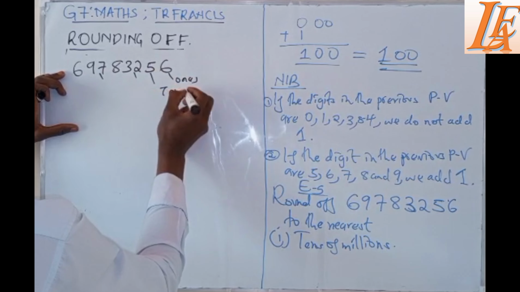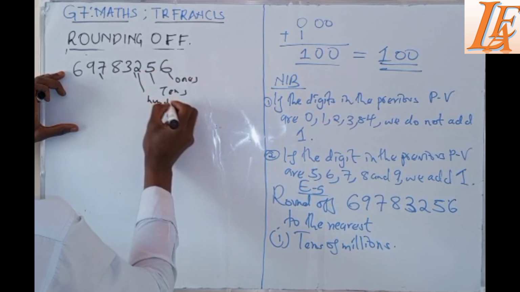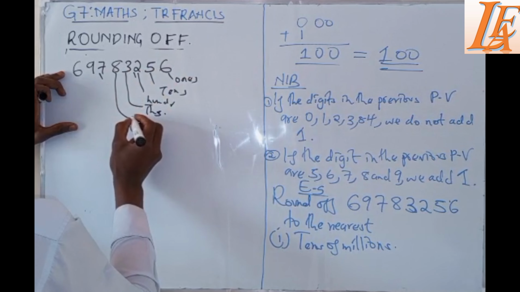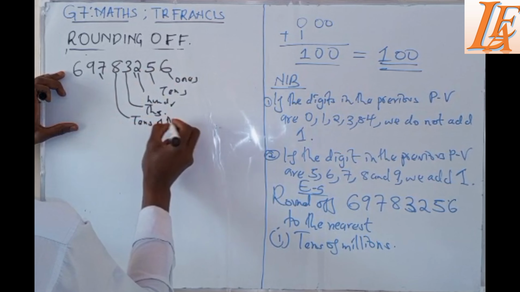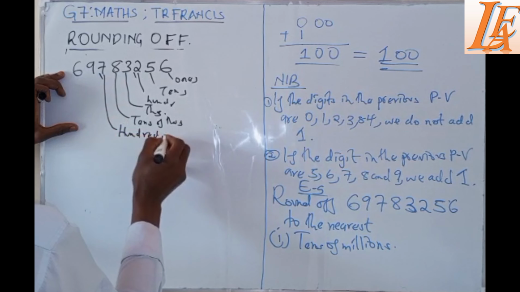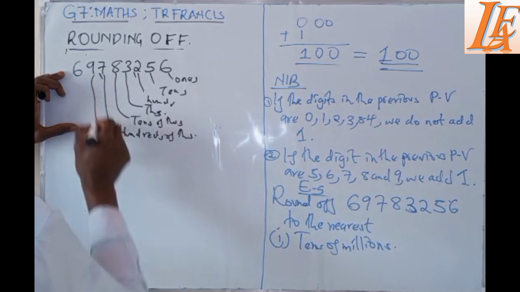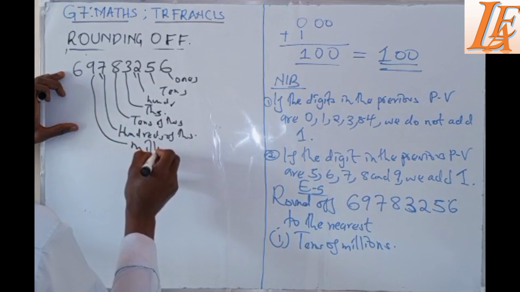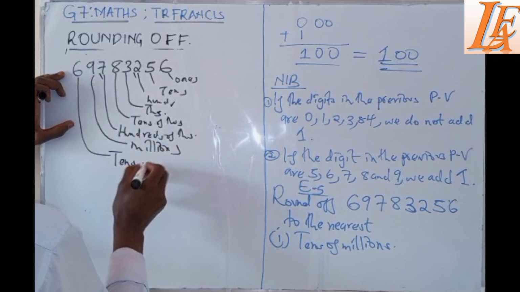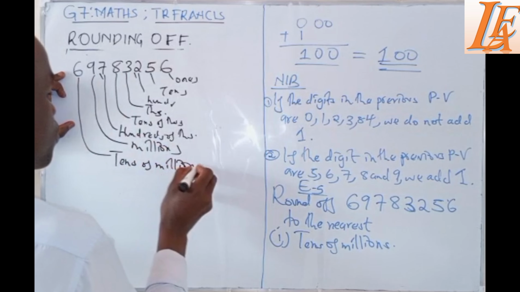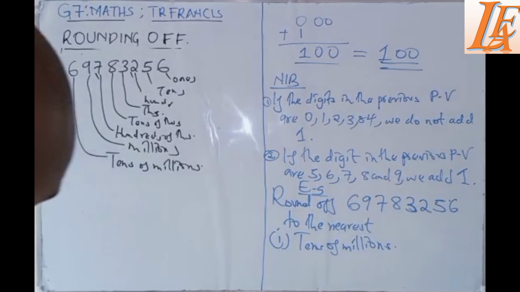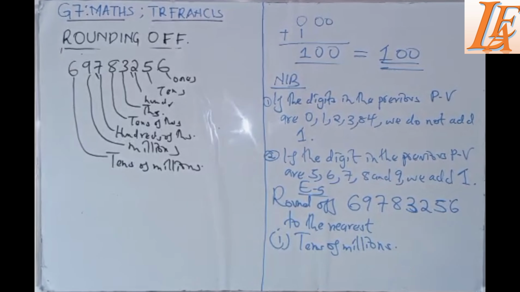This is tens, this is hundreds, this one is thousands, this is tens of thousands, this is hundreds of thousands, this 9 is in the place value of millions, then 6 is in the place value of tens of millions. We have been told to round off this number to the nearest tens of millions.